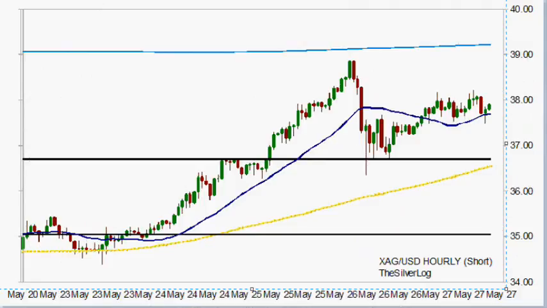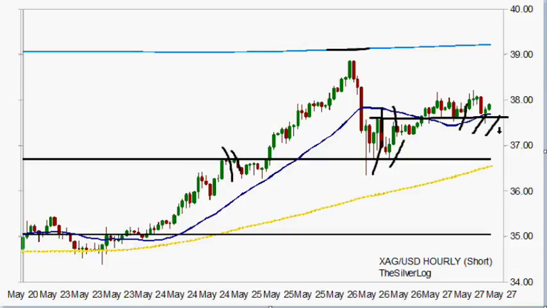Shortening this out for fewer candles, but the same hourly chart. This is another set of Fibonacci levels, which is represented from that $39 high and the lows of 32. And the resistance level here did become support. And since this point in here, the resistance is now support once again. It's holding above the 1-day moving average.